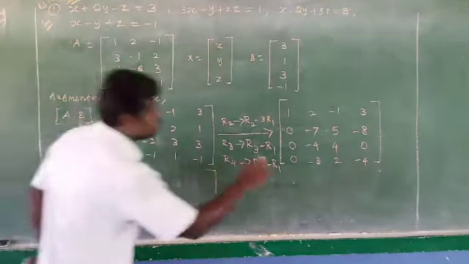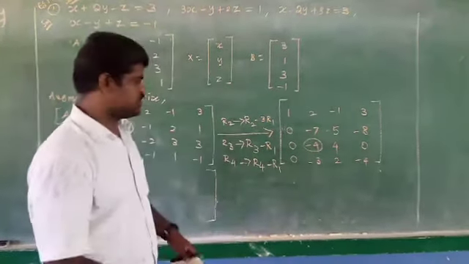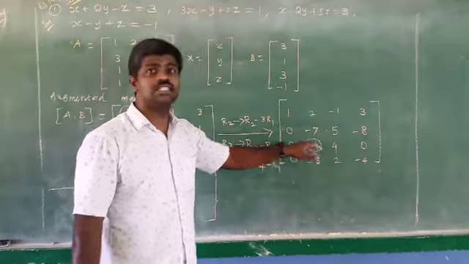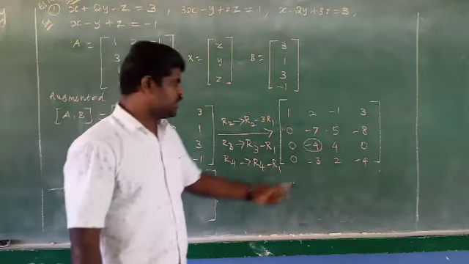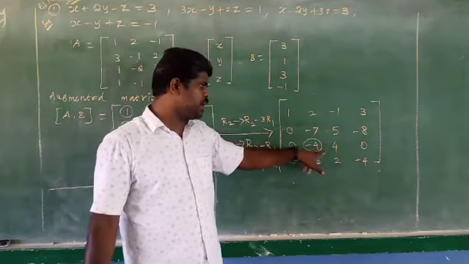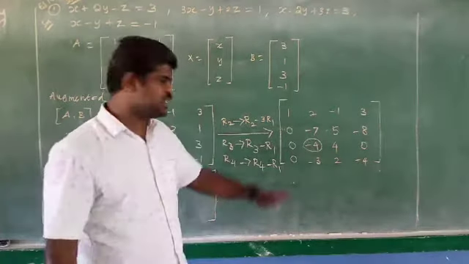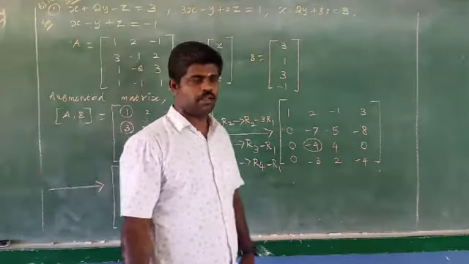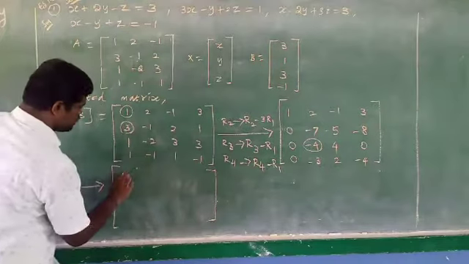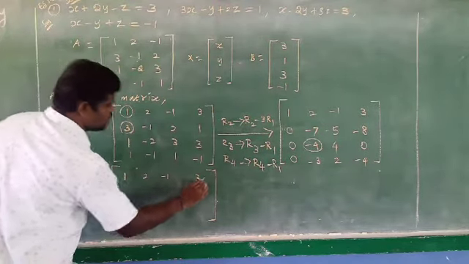Next row. Next we want to change minus 4 to 0. So if we divide the R3 row by 4, it is easy for calculating this one. We can write the first row 1, 2, minus 1, 3.